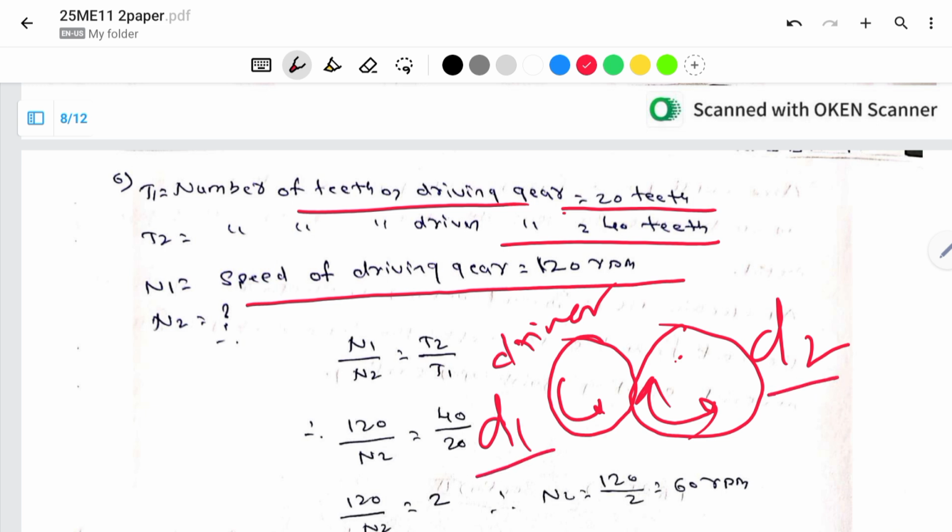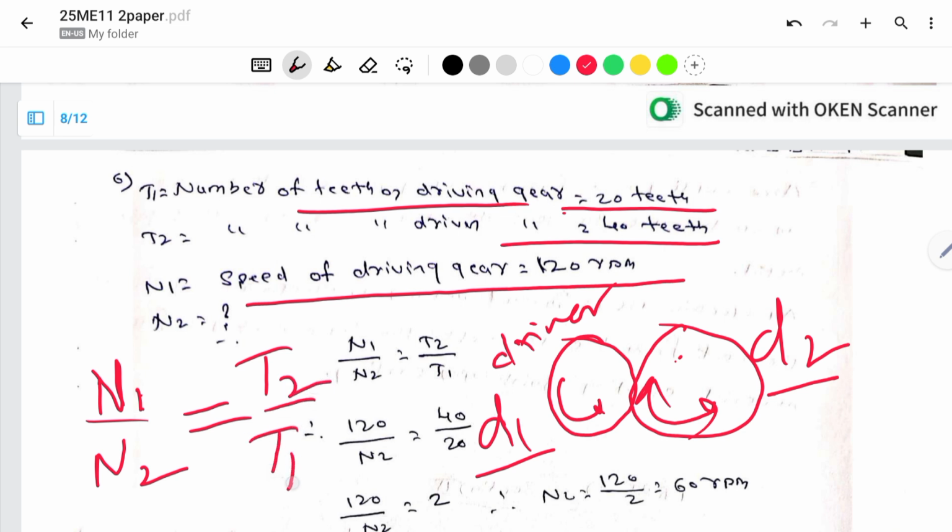So here, how are you going to write the ratio? They have given the speed: speed of the first gear divided by speed of the second gear. You have to write it opposite, so you write T2 divided by T1, which is also equal to D1 divided by D2.